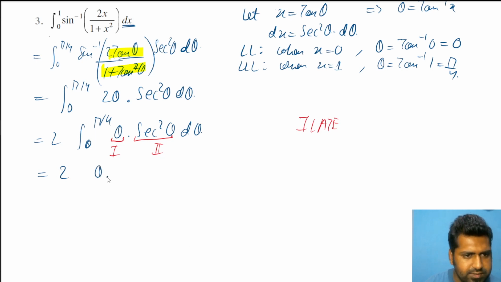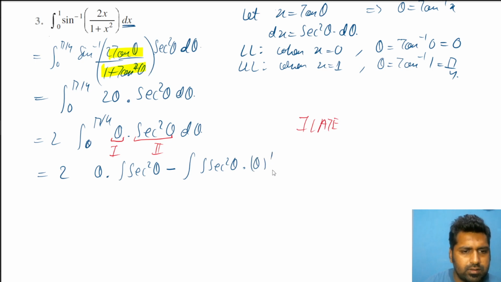So first function as it is, integration of sec square theta. I'm not writing the limit, we'll write the limit in the end, minus integration of differentiation of the first function, theta, times the integration of sec square, and then integrate with respect to d theta. This complete thing is being multiplied by 2.